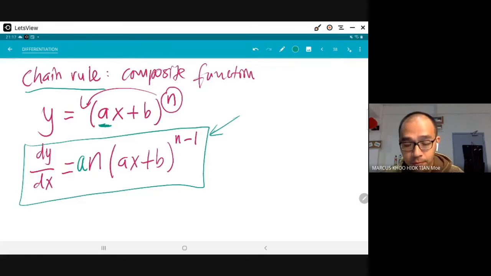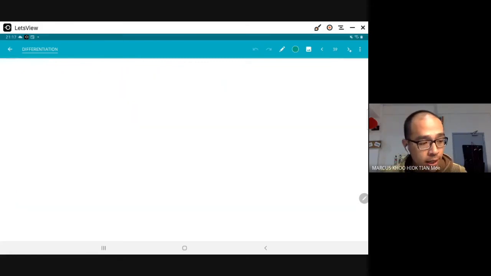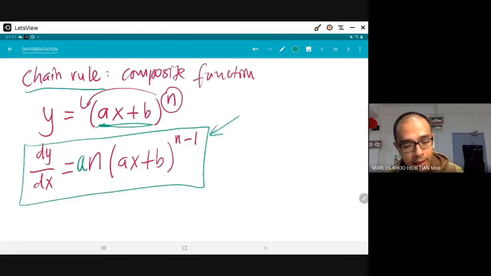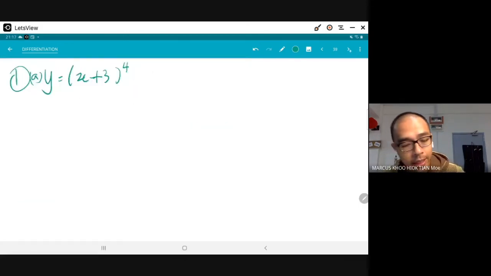So let's do one example. 1a, if y equals (x plus 3) to the power of 4. If we compare with ax plus b, a is 1, b is 3, and the power is 4. So the first derivative, or dy/dx, is, what is the number a? The number a is 1.